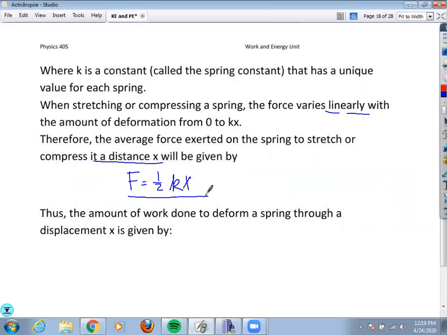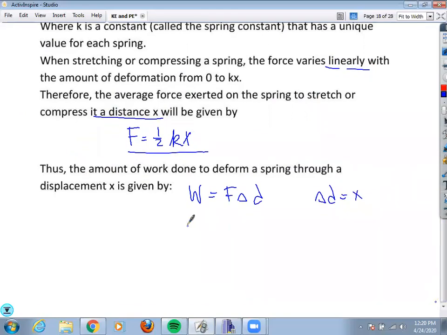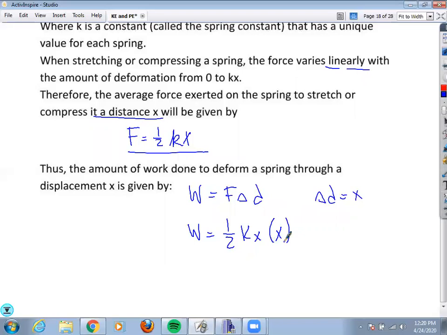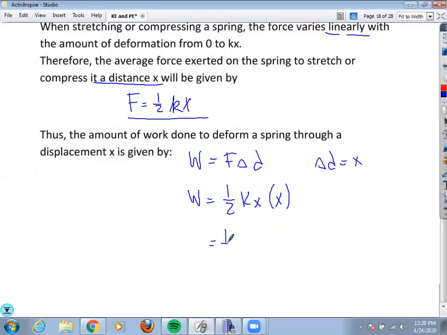So now if we take that average force and the amount of work done, if we know that work equals F delta d, and delta d in this case equals x, the work done would equal the average force, 1/2 times kx, multiplied by x, gives us the formula 1/2 kx squared, which essentially is the amount of work that's done to stretch or compress the spring.